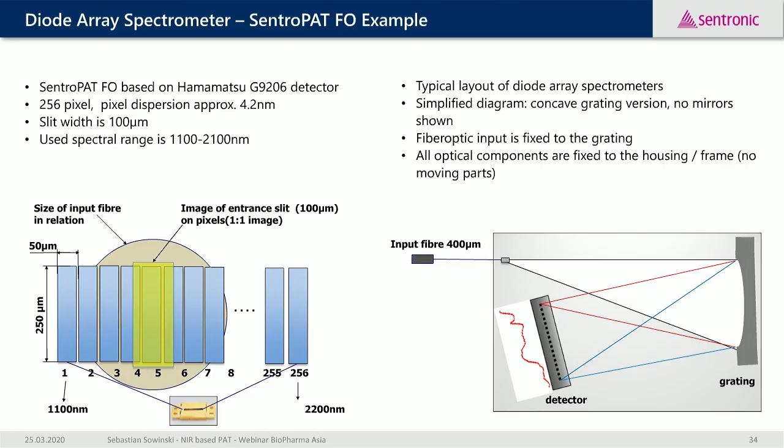On the right-hand side, you can see a typical layout of a diode array spectrometer. It is simplified here for this presentation. It shows only the concave grating, and it doesn't show any mirrors or other optical components in the light path.